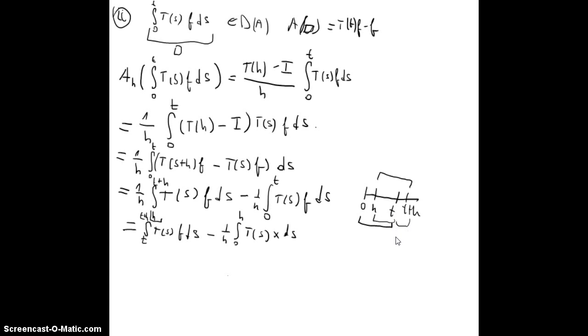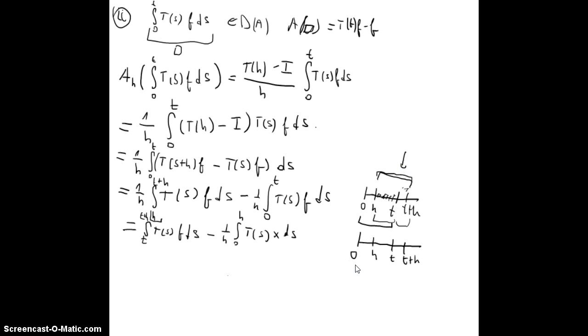Okay, the same we are doing here. We write it differently, but it's the same. So we have the integral from 0 to h, and t and t plus h. The first one was from h to t plus h. We subtract 0 to t, so we take all of these to the first one and then an h factor.